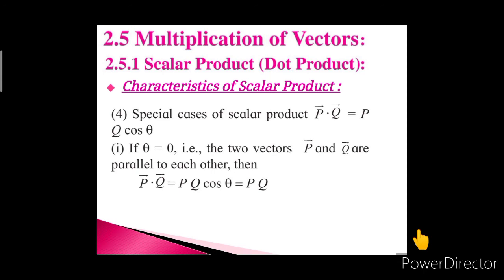By using the same concept, we can give the scalar product of the unit vectors as i cap dot i cap is equal to j cap dot j cap is equal to k cap dot k cap is equal to 1.